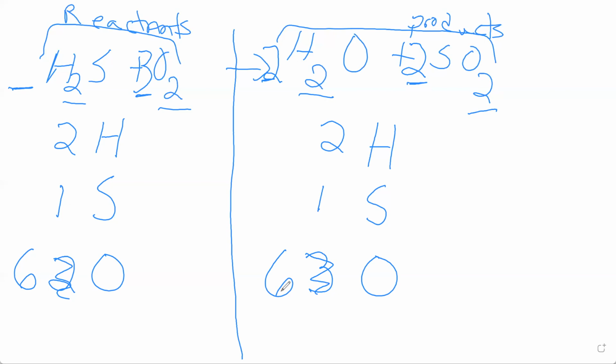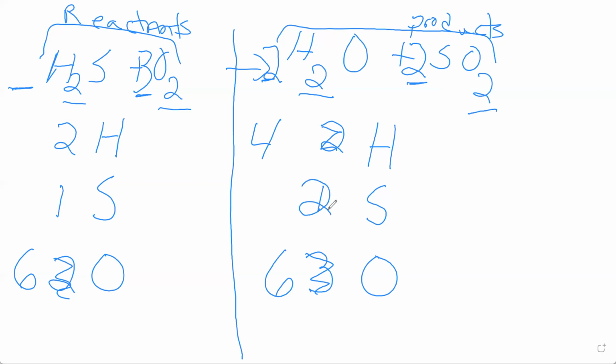However, by doing that, we messed up the sulfurs and the hydrogens. So over here, we now have 2 times 2 for hydrogen. So I have 4. And on this side, I have 2 times the one that's understood to be after the sulfur. So I have 2.